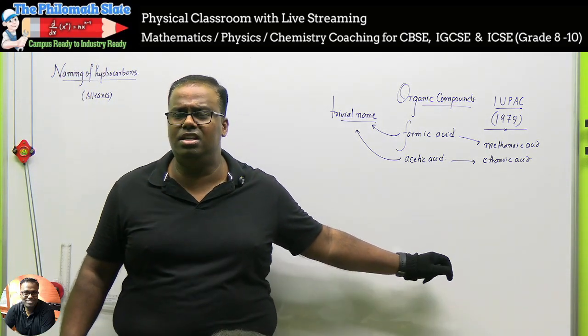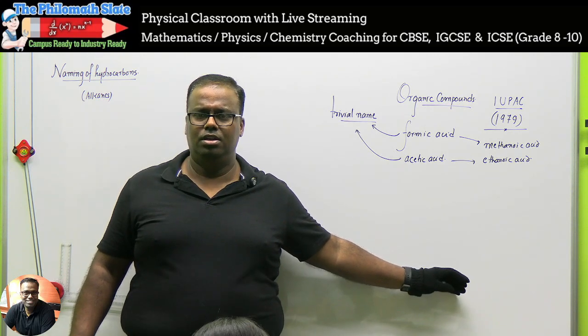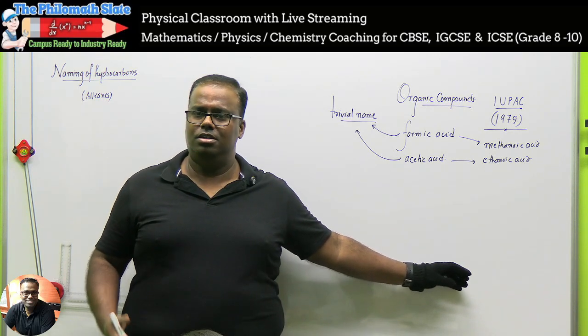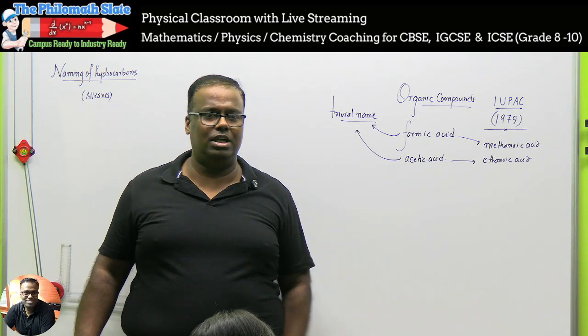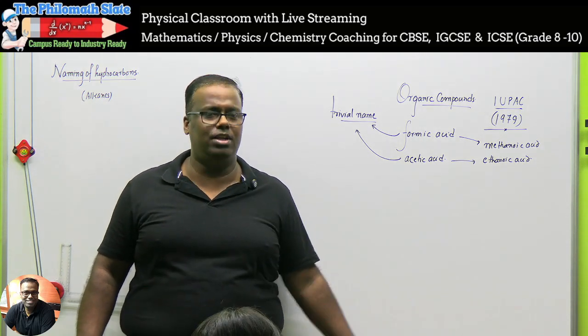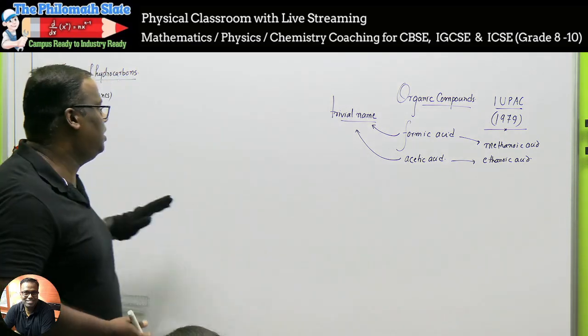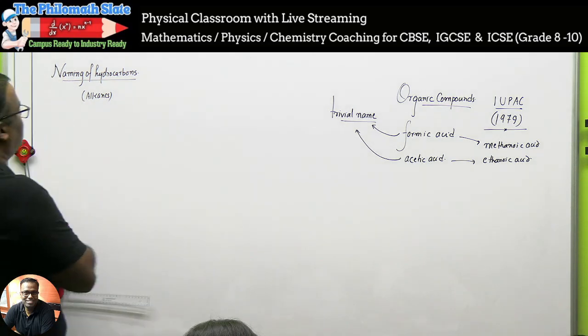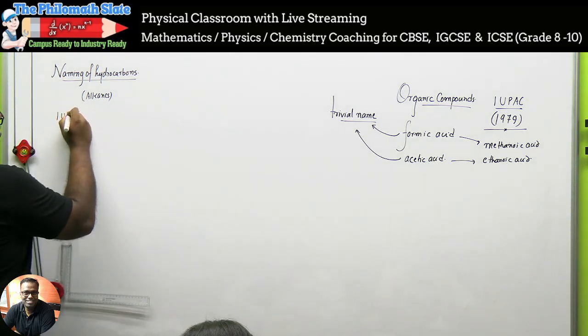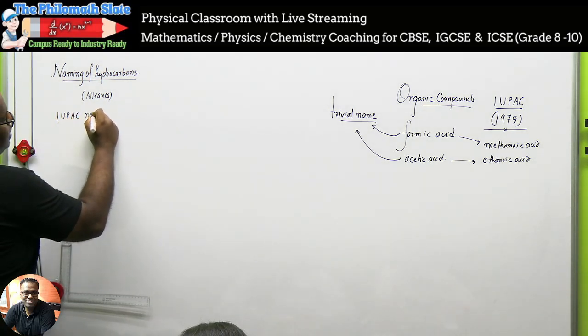For example, benzene is a trivial name. Toluene, trivial name. Phenol, trivial name. These are not exact names. Isobutane, trivial name. So today we'll first learn how to name as per IUPAC. This is called the IUPAC nomenclature.